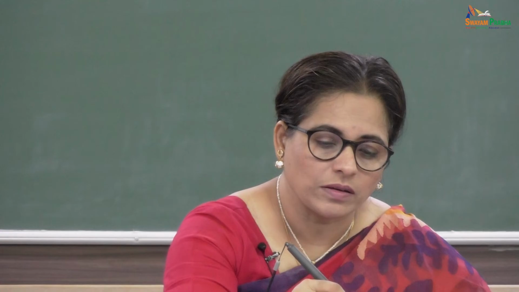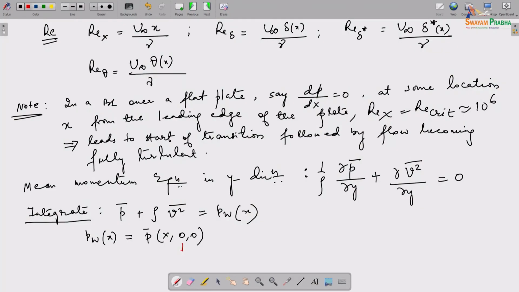So essentially this means what? Means y is equal to 0, which means this is the wall. So I can write here it is the mean pressure at the bottom, at the wall.